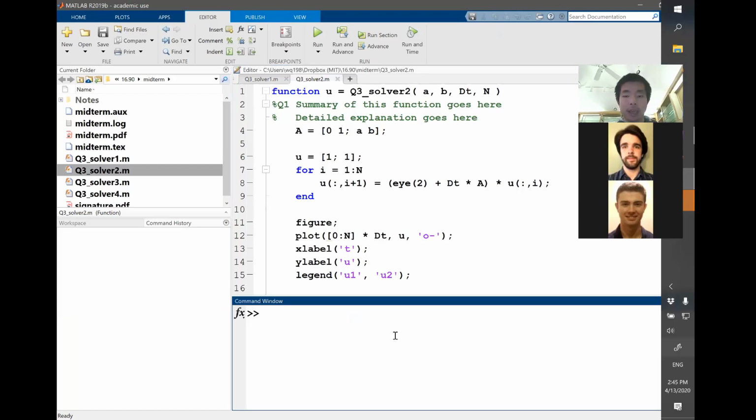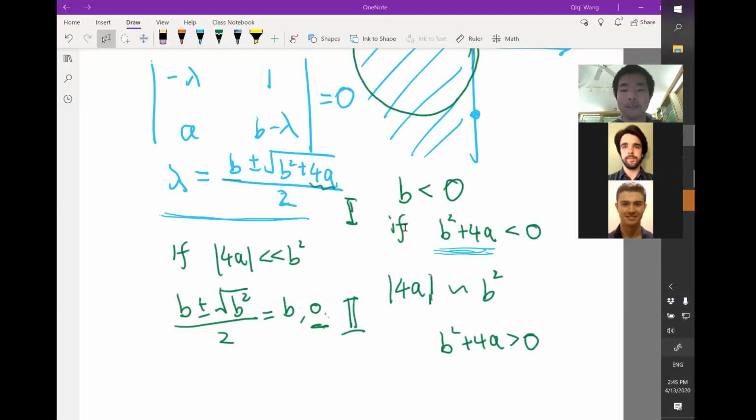And for forward Euler, if you run solver 2, let's look at the examples we have just analyzed. If B is exactly equal to 0, so basically not satisfying the first condition.